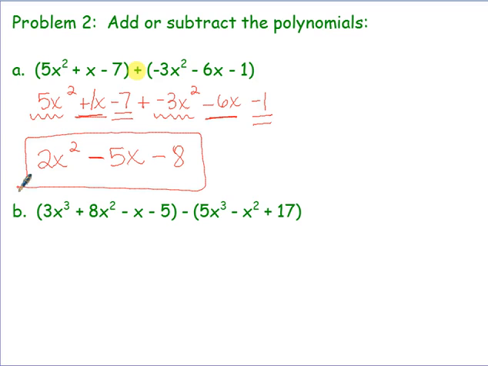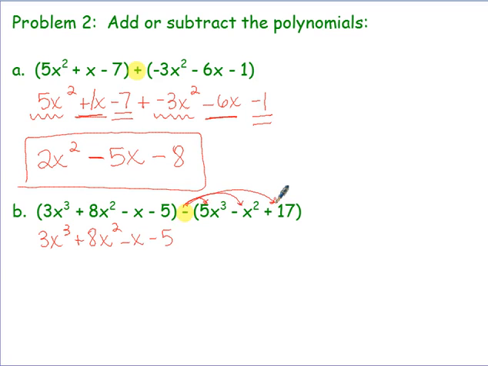Let's look at B. Is this addition or subtraction? This time, it's subtraction. So, here's how we do it. First parentheses, don't change at all. 3x to the third plus 8x squared minus x minus 5. We're going to distribute the negative to all of these.